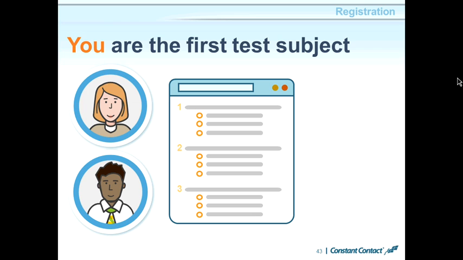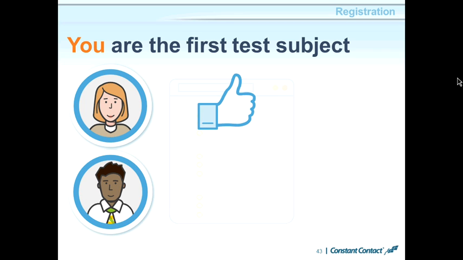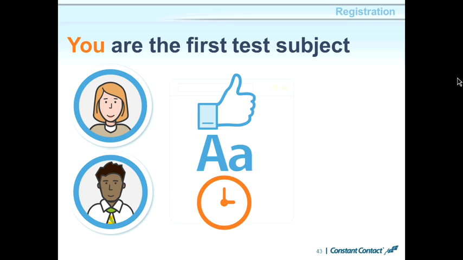And here's another time-tested piece of advice. Make yourself the first test subject for your registration form, even before you send out your invitations. Be sure that you fill out the form yourself or have members of your staff fill it. This will help you make sure that it's easy to understand and complete, doesn't have any typos or other errors, and you get a sense of how long it would take to complete.